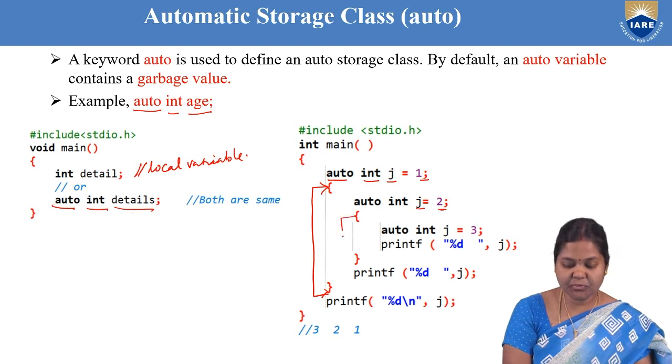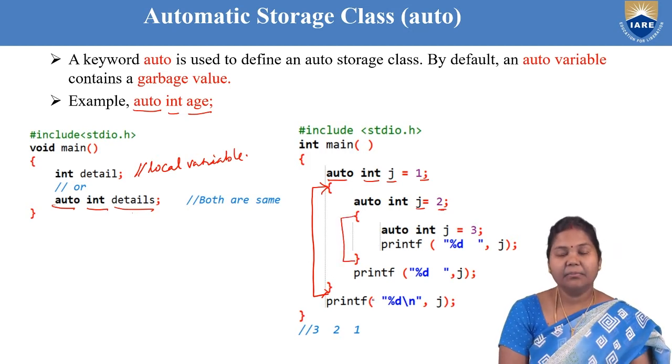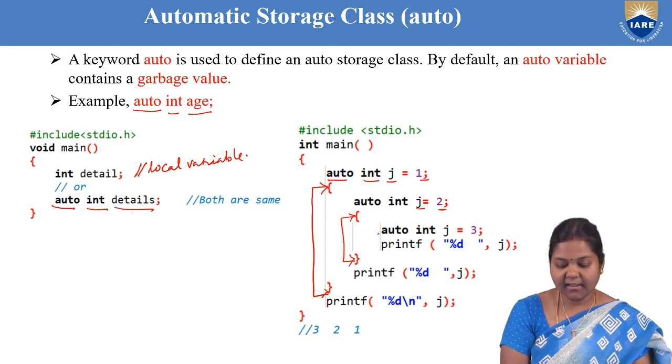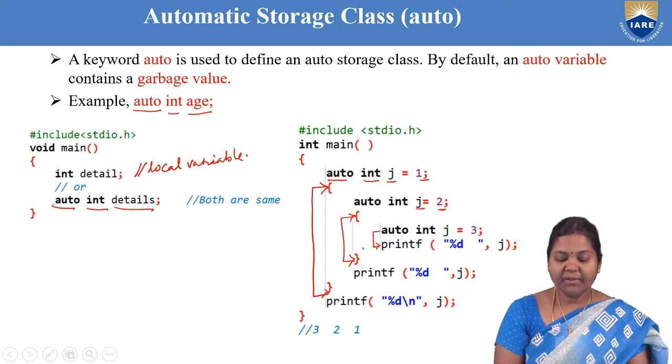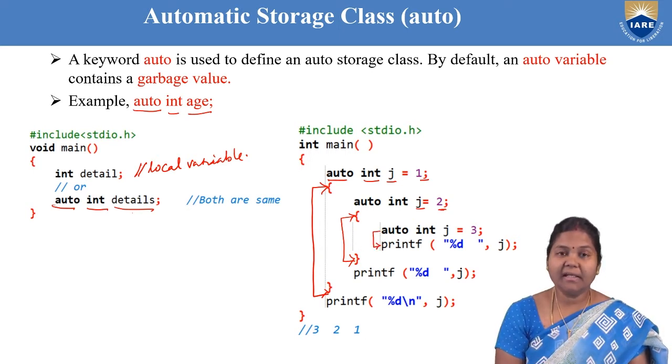In this case the scope and lifetime is within this boundary only. And the third time, when auto int j is equal to 3 is declared, its lifetime is within this block only. So the variable is declared three times with different scope and lifetime within a function or within a block itself.